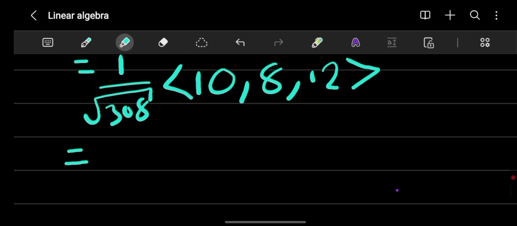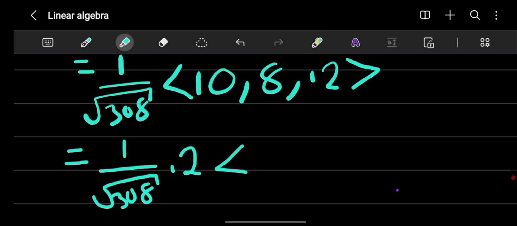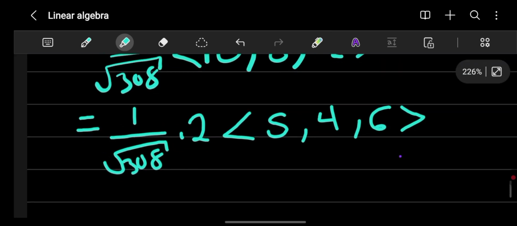Let me see, 4? No, 4 doesn't go into that. Let's just do 2. If I take out 2 as a common factor, I would have 5, 4, and 6, right? Yes, that's possible.